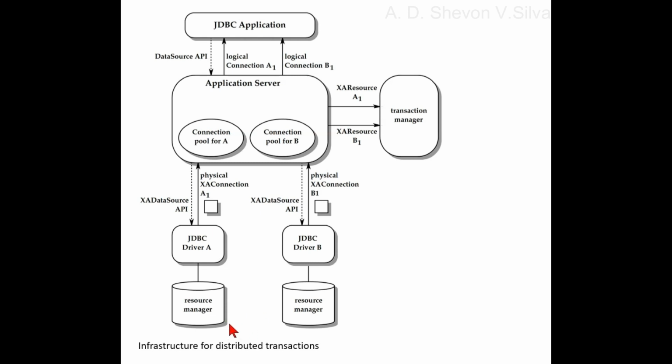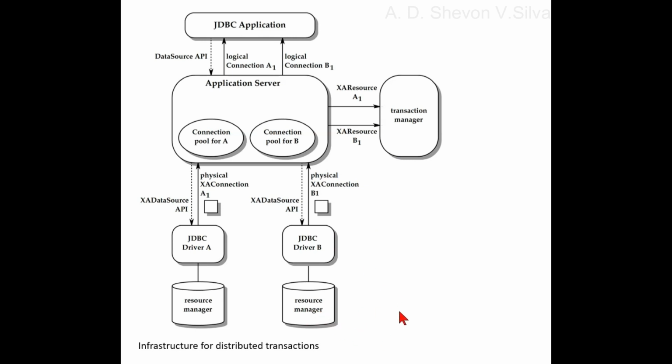This infrastructure is most often implemented in a three-tier architecture that includes the following: client tier, middle tier that includes applications and EJB server working with external transaction manager and a set of JDBC drivers, and multiple resource managers.